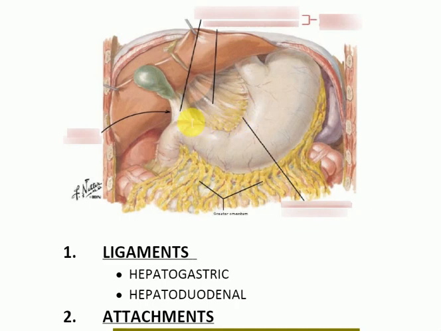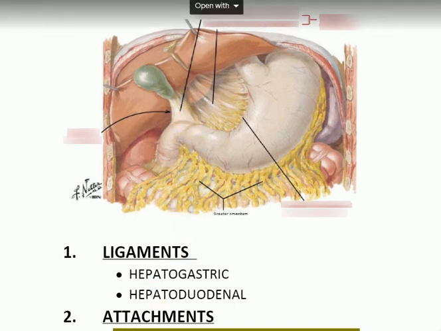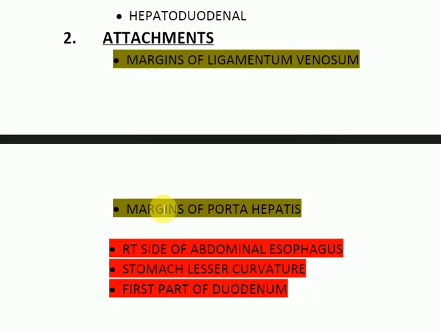Then the hepatoduodenal ligament, which connects the duodenum to the liver, in it runs the portal triad, which is the bile duct, the hepatic artery, and the portal vein.